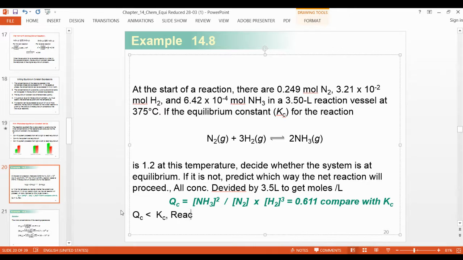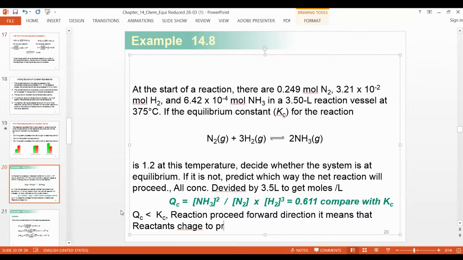It means the reaction proceeds in the forward direction. It means the reactant changes to product.